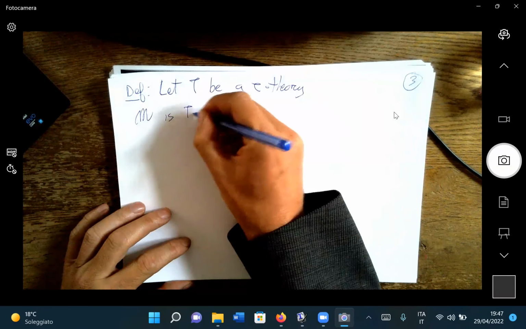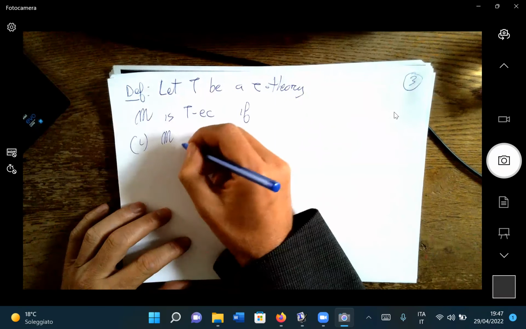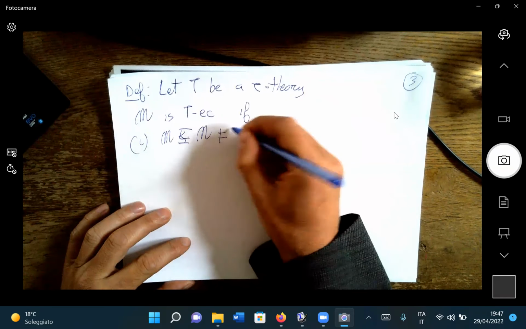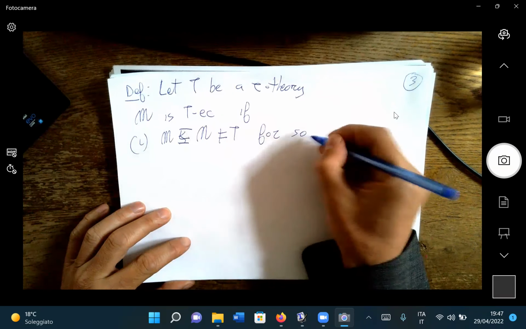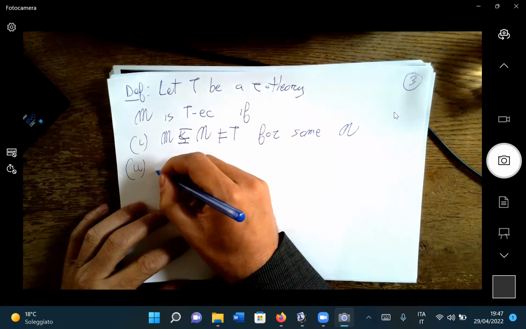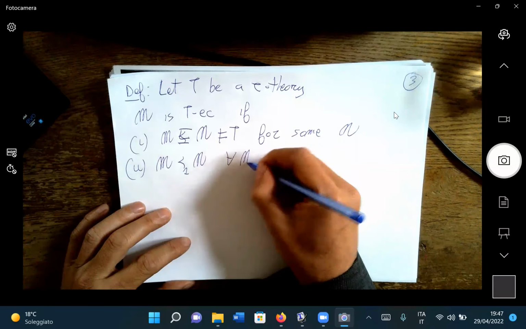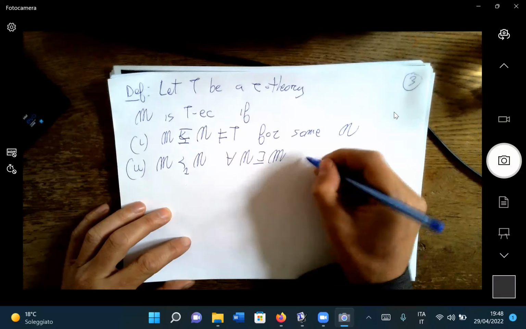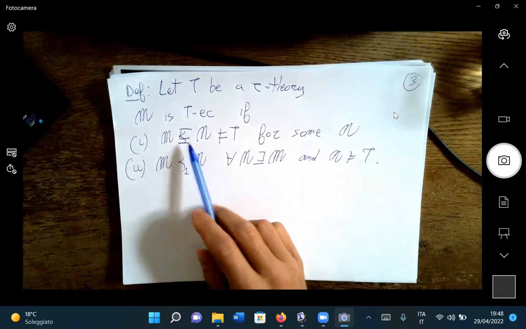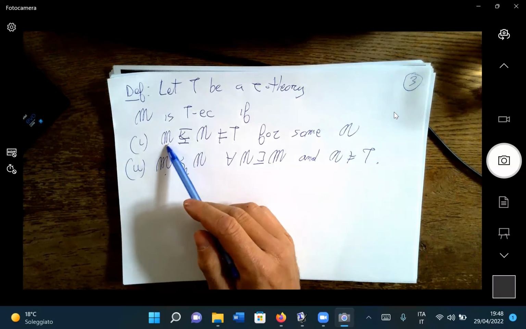M is TEC if 1: M is a substructure of N, which is a model of T for some N, and 2: M is sigma 1 elementary in N for all N which are a superstructure of M and which model T. Okay, so this second condition is the relevant one, and the first condition says that it is not trivial.